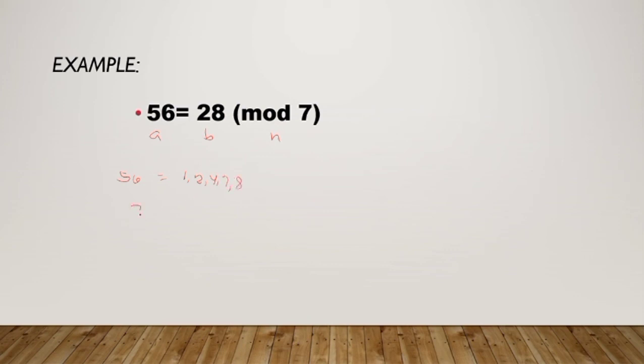While the factors of 7 are 1 and 7. Therefore, the GCD of 56 and 7 is 7. 28 divided by 7 is equal to 4. Therefore, this example has an integral solution.